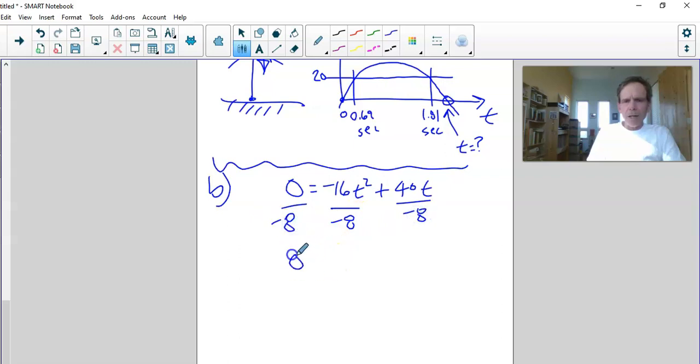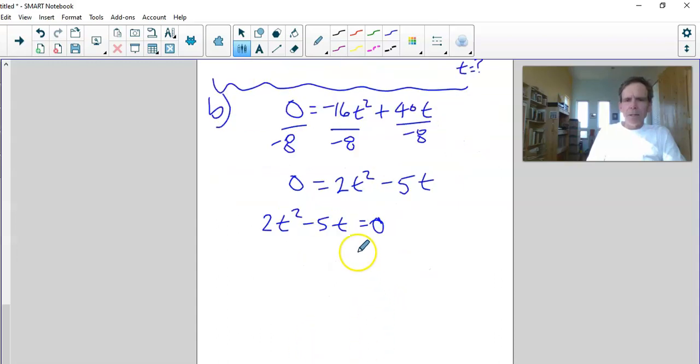That's going to make it look nicer. 0 will equal 2t squared minus 5t. That looks nicer, doesn't it? Maybe I'll even throw the t terms on the other side where we normally like to see it. Something like that. 2t squared minus 5t equals 0.